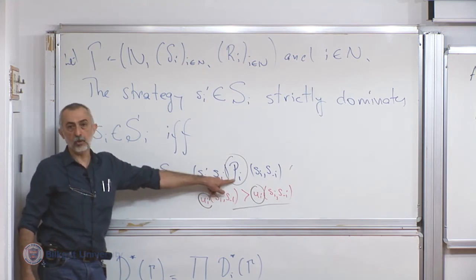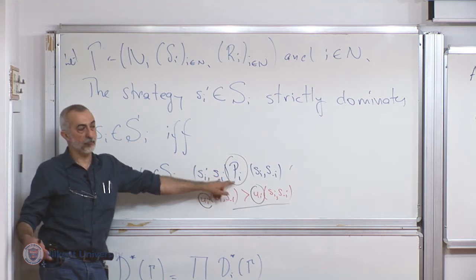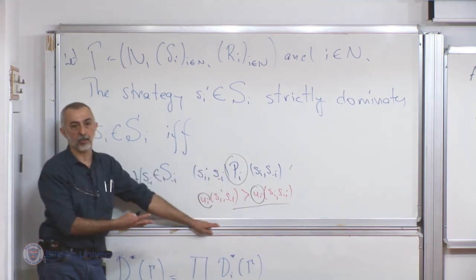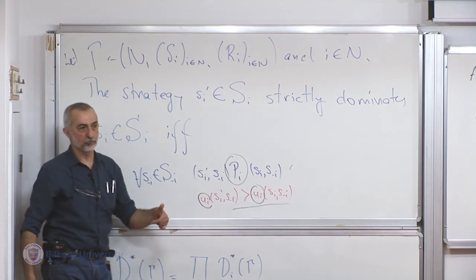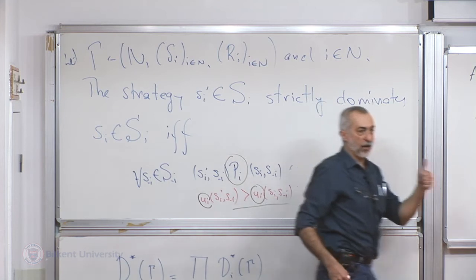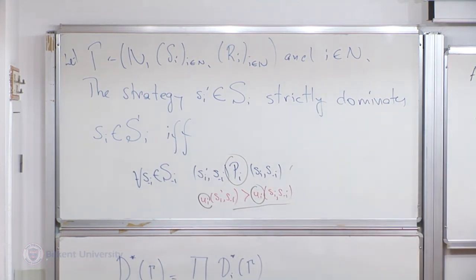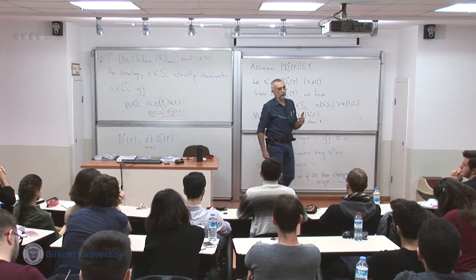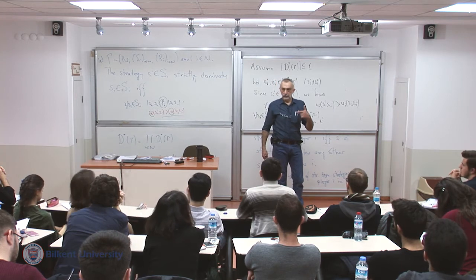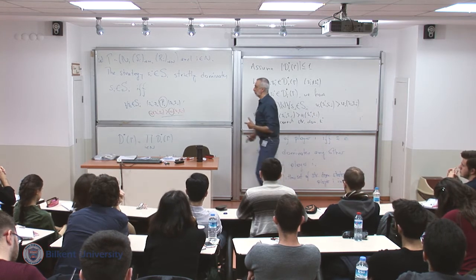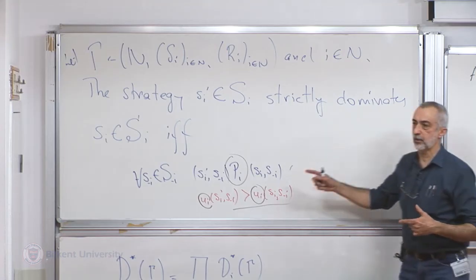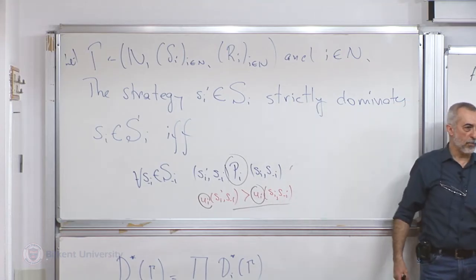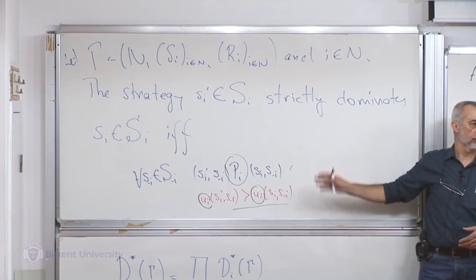He doesn't have to know anything about the other players. Informationally, it's very minimalistic. So it has two good points. Agents only have to know their own preferences to find strictly dominant strategies. And when a strictly dominant strategy solution exists, it's unique. That's also good. The bad thing is, most of the time, it's empty.